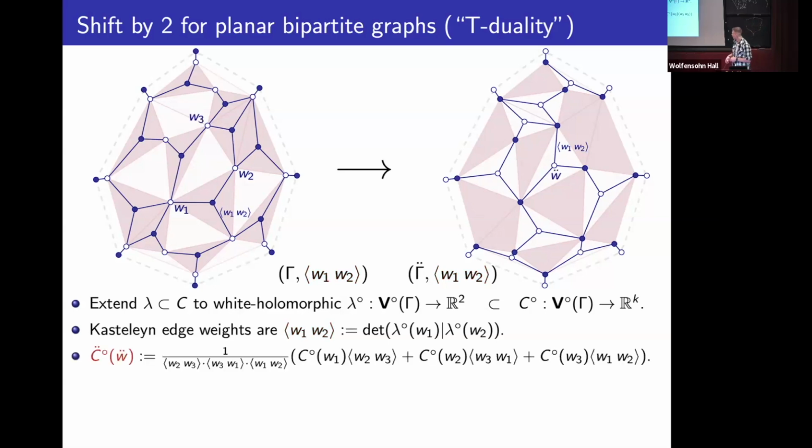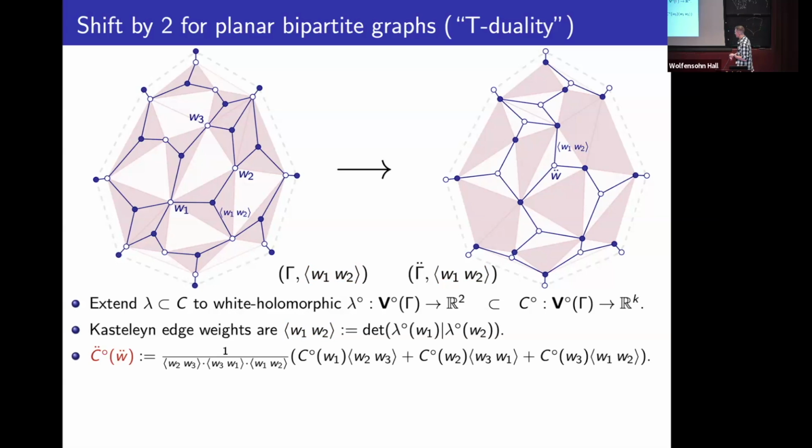And you can even transfer C. C was another white holomorphic function with values in R^k, which contains lambda. For each white triangle, you want to apply a Q projector locally. You have three vertices, W1, W2, W3, and here you're going to have a single white vertex inside.